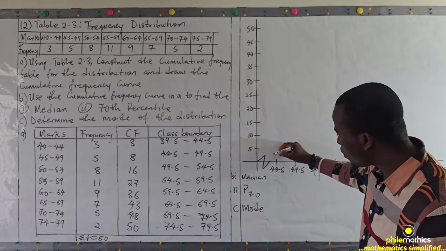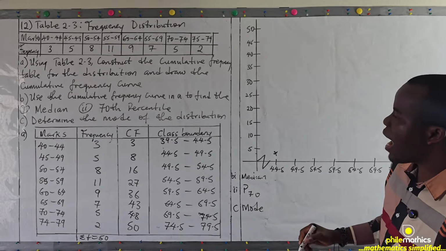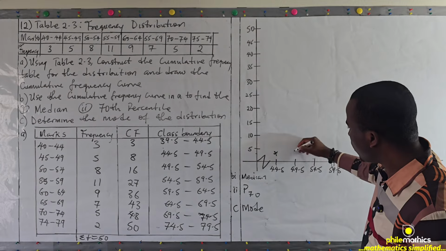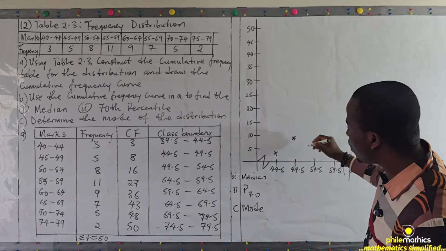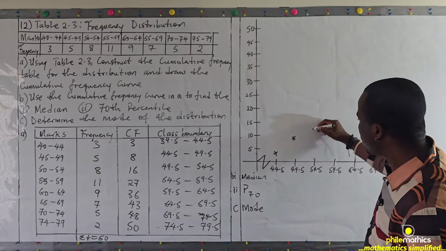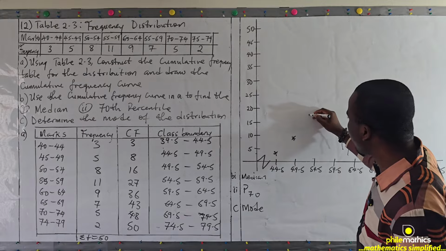So we have this. At 49.5, we have 8. 8 will be at this point. At 54.5, we have 16. 16 will be at this point, a little bit above 15.